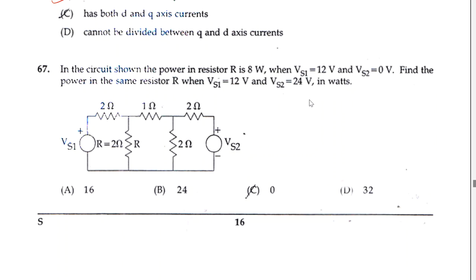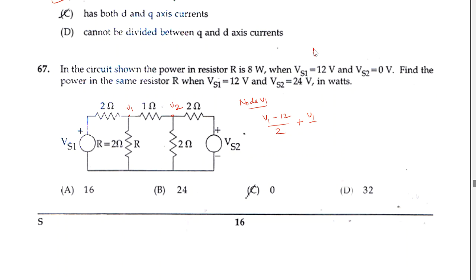First, let me assume the node voltages: this one is V1 and this one is V2. From V1 and V2, I will write the node equations. Let me take the node V1: (V1 minus Vs1), where Vs1 is 12, divided by 2, plus V1 by R. We need to find the R value. The given R value is 2 ohms.